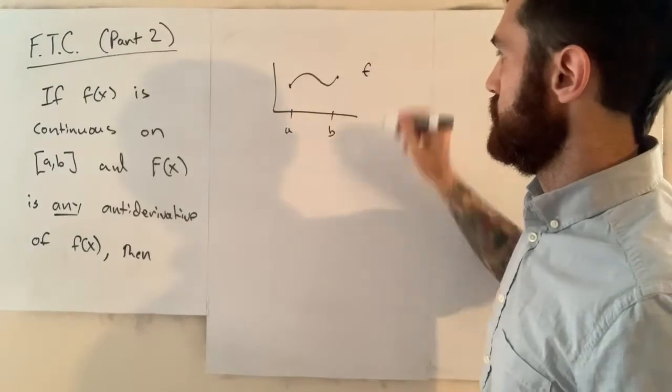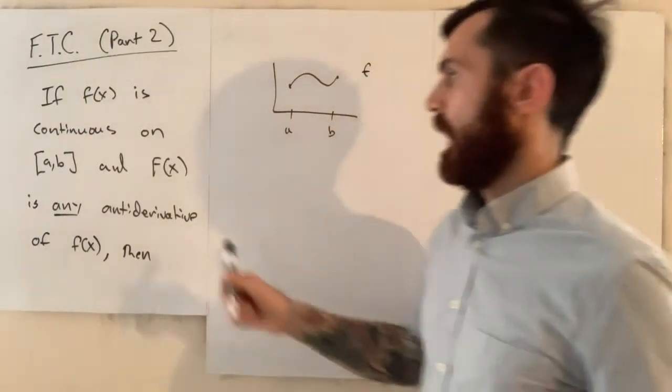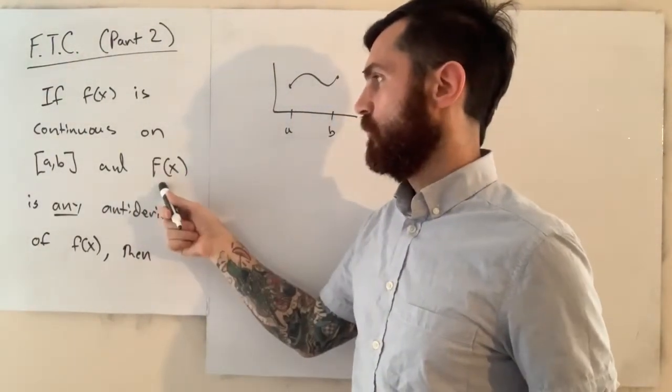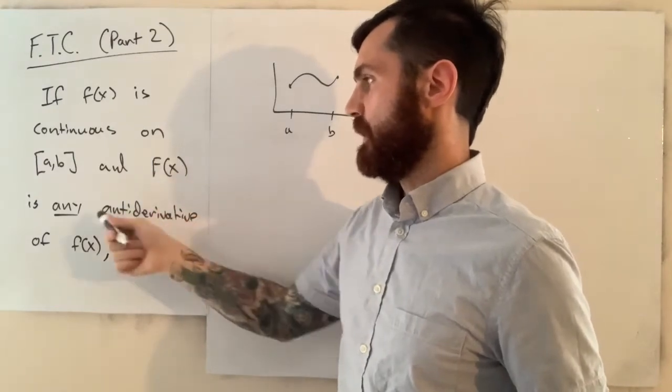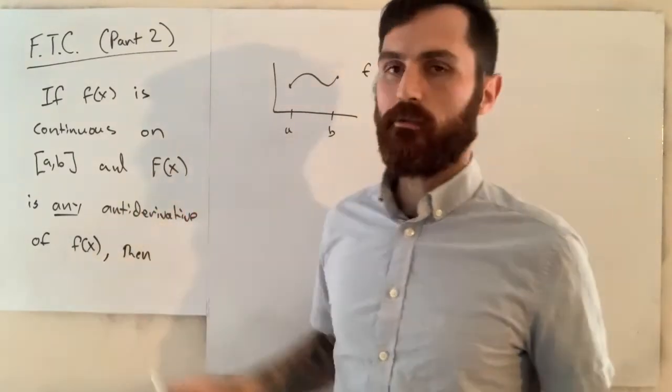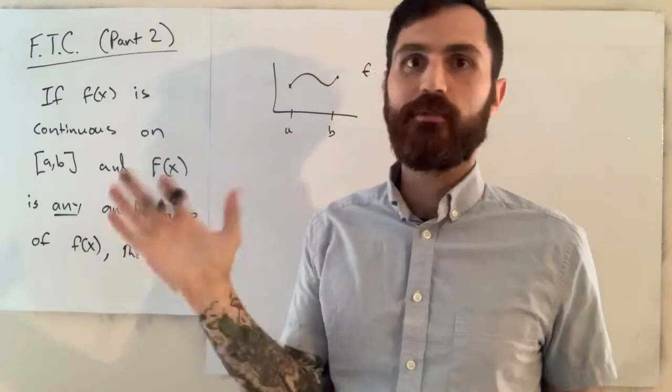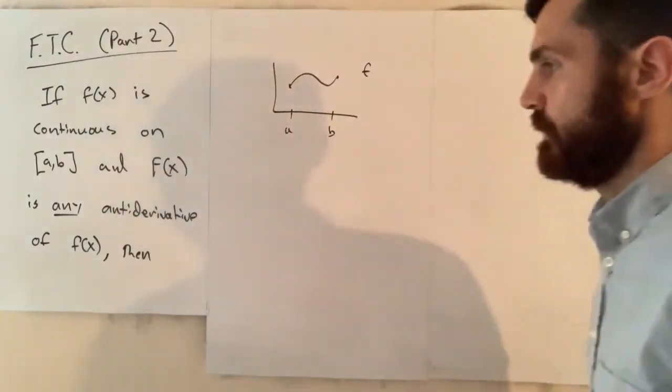And so this is f, and we have big F of x, and this is any antiderivative of little f of x. So you choose your favorite one, whatever you want.